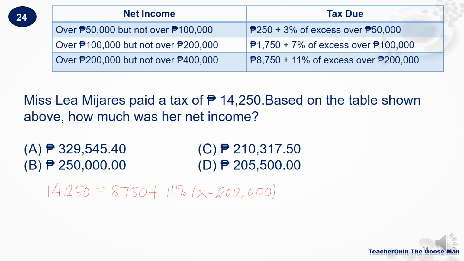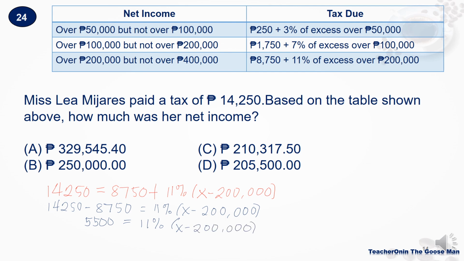So, we have here 14,250, subtract both sides by 8,750. So, we have 14,250 minus 8,750 is equal to 11% of x minus 200,000. Then, get the difference. So, the difference is 5,500, which is equal to 11% ng x minus 200,000.